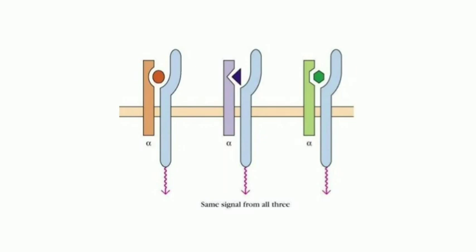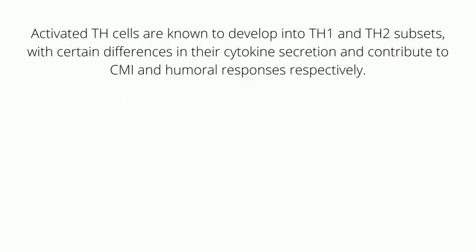You must be aware that activated T helper cells get divided into 2 distinct subsets, Th1 and Th2, contributing to cell-mediated immunity and humoral immune response respectively. This happens by virtue of differences in their cytokine secretion profile only.